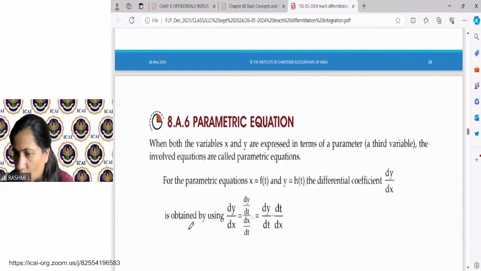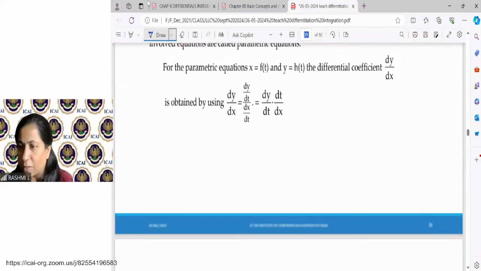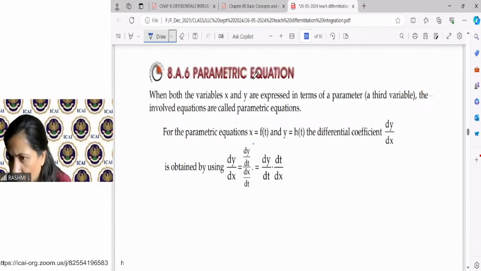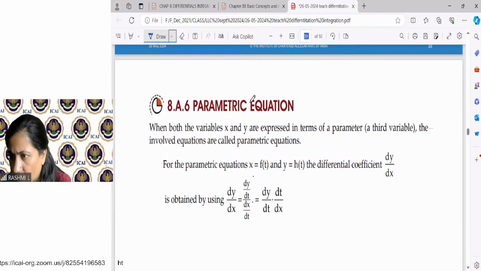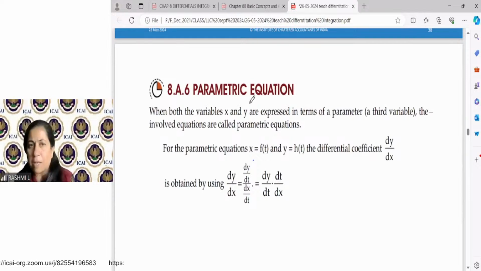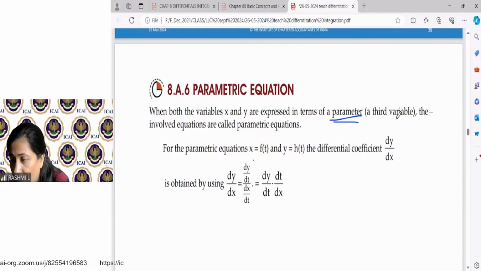Let us go to the parametric function. Now, what will happen for the parametric functions? When both the variables x and y are expressed in terms of a parameter or a third variable, the involved functions are called parametric functions.